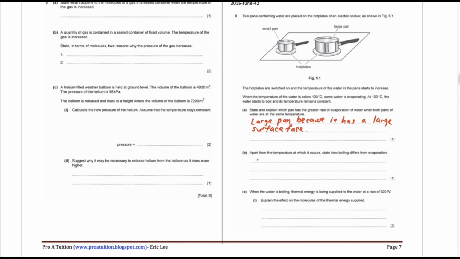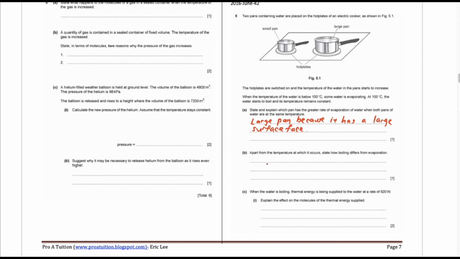Now we look at B. Apart from the temperature at which it occurs, state how boiling differs from evaporation. Apart from temperature, so temperature for boiling is 100, evaporation is below 100. So apart from temperature, any other difference? So we have to say just one difference. For example, you can say evaporation happens on the surface, boiling occurs throughout the liquid.